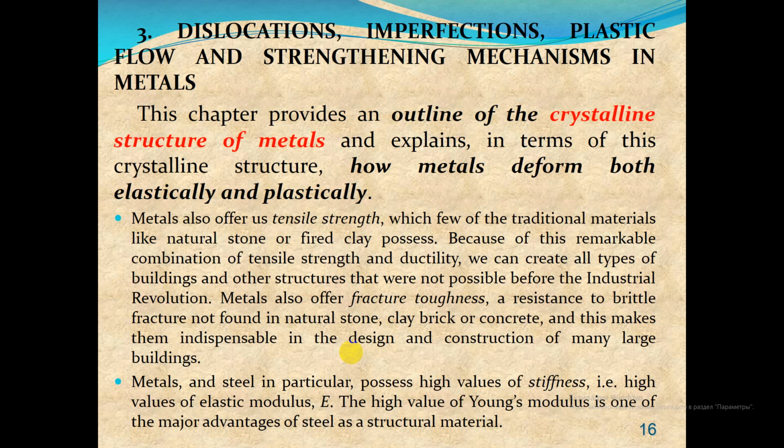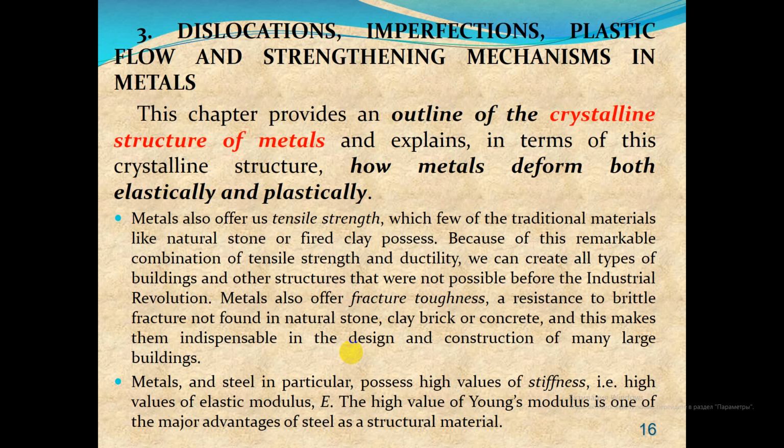Because of this remarkable combination of tensile strength and ductility, we can create all types of buildings and other structures that were not possible before the Industrial Revolution.